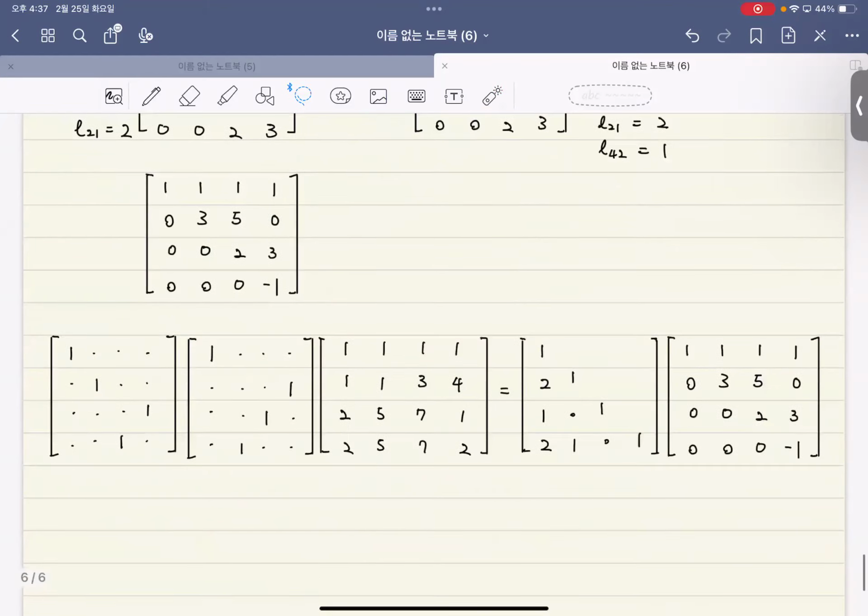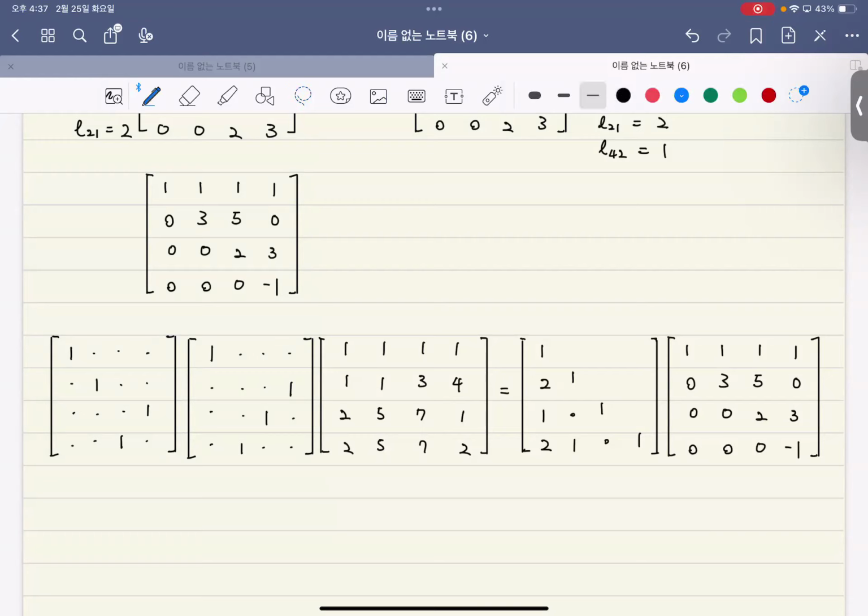So the point of this computation is, if you permute your rows, if you multiply the permutation matrix to the left of your original matrix, then as long as your matrix A is non-singular, you can have an LU factorization.